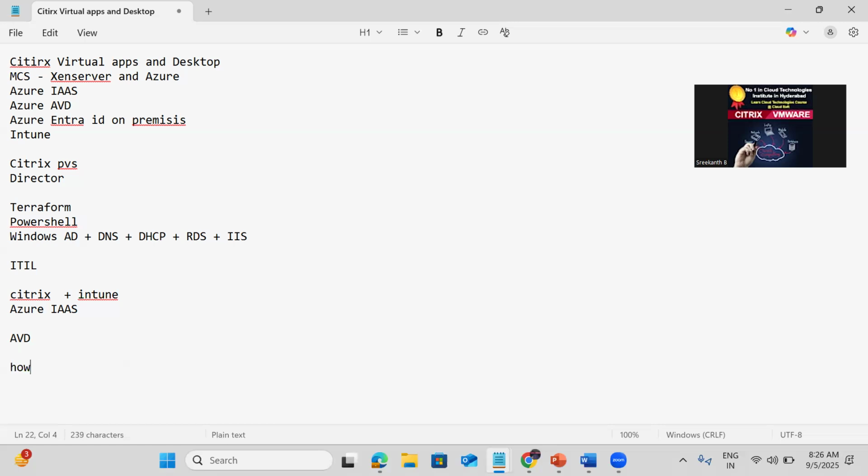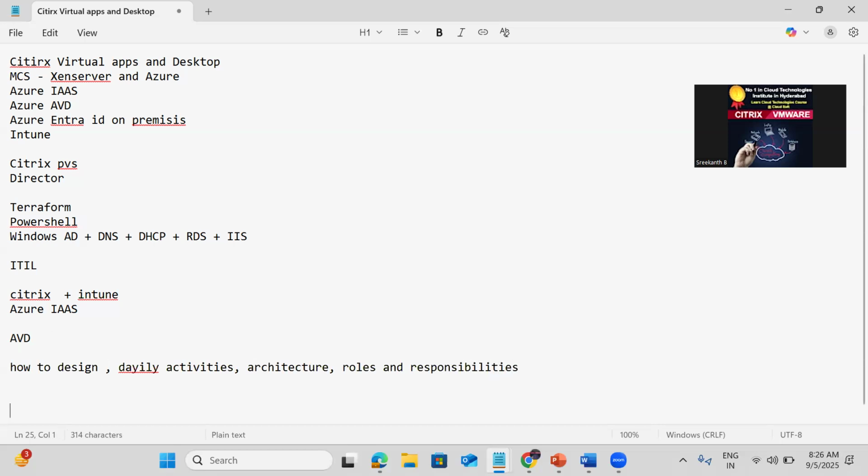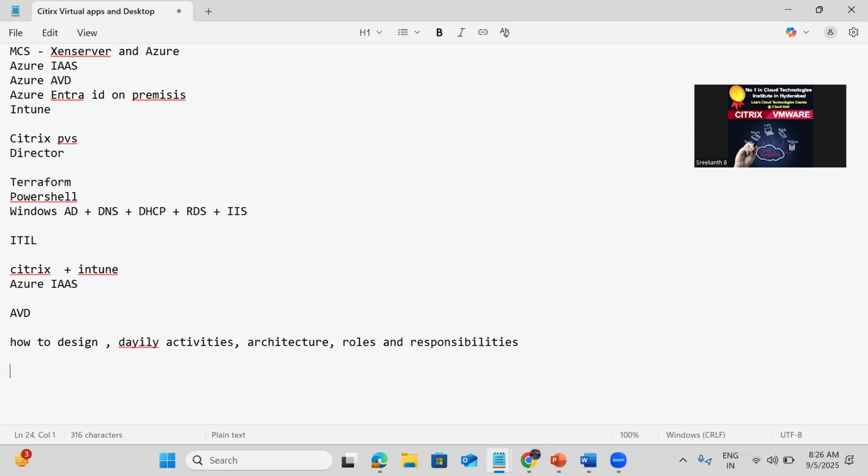Then how to design, the daily activities, architecture, roles and responsibilities, and then 10 to 15 issues and how you have resolved them.